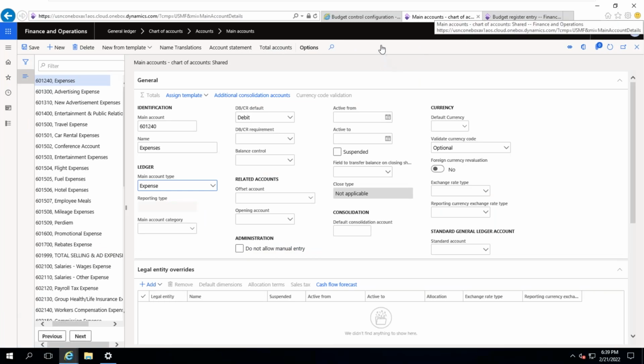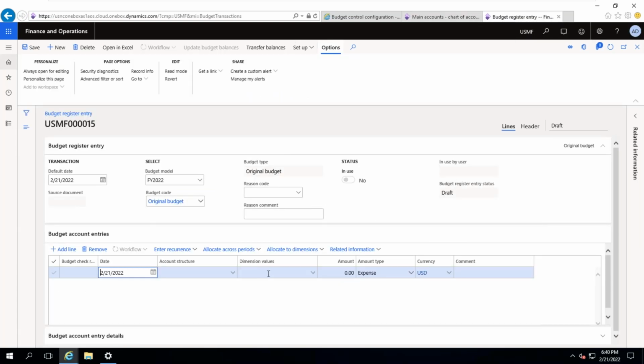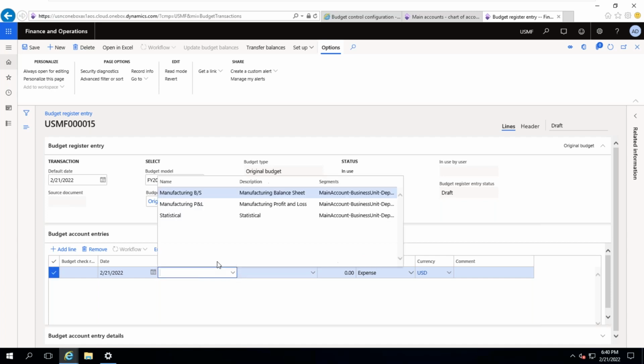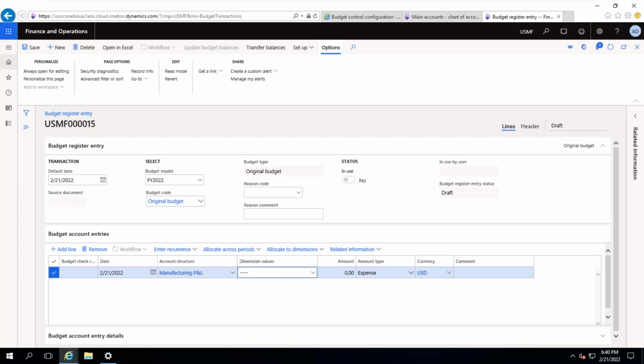Whatever account you have created, 601240, for that account I'm entering, suppose, $8,000.